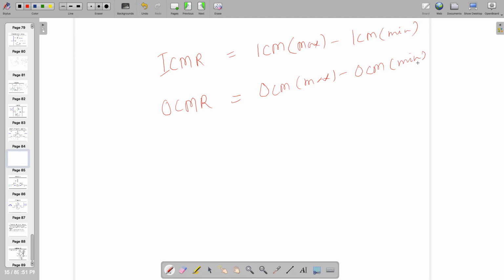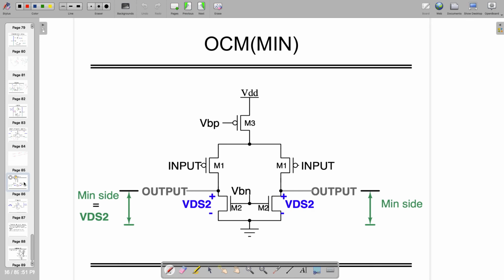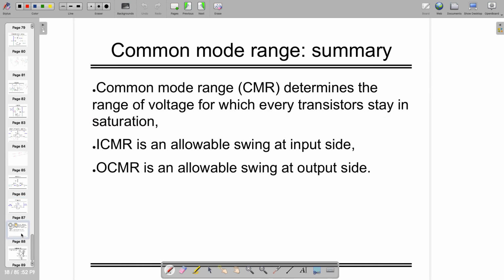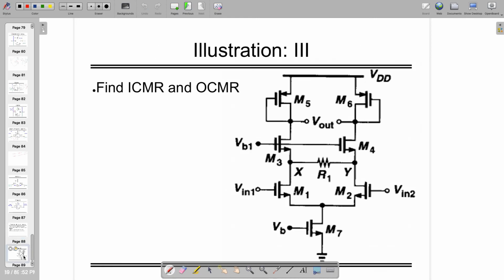This is very much important in terms of keeping the transistor in saturation mode of operation to get the proper amplification. Now, this is already done, right? So common mode range determines the range of voltage for which the transistor is in saturation. ICMR is an allowable swing at the input side and OCMR is an allowable swing at the output side. So you can write it down or keep it in your understanding.